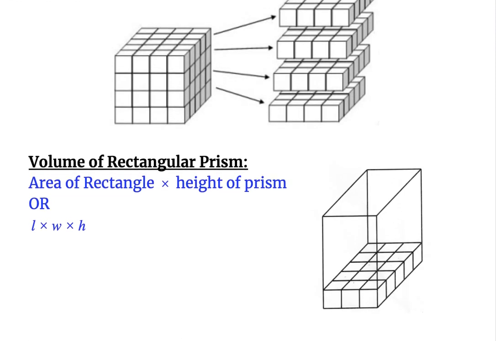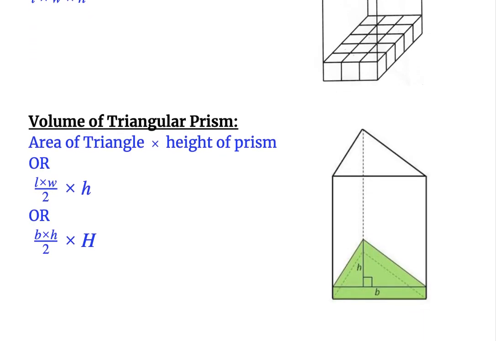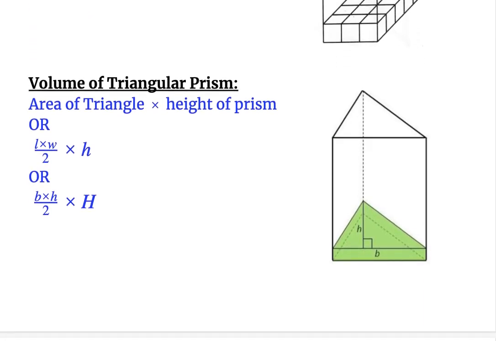Rectangular prism, it's the length times the width for the bottom 2D shape, multiplied by the height to figure out the layers. For a triangular prism, it's a little different because the triangle is length times width divided by 2, since it's half of a rectangle, but you're also still going to multiply by the height of the 3D shape.